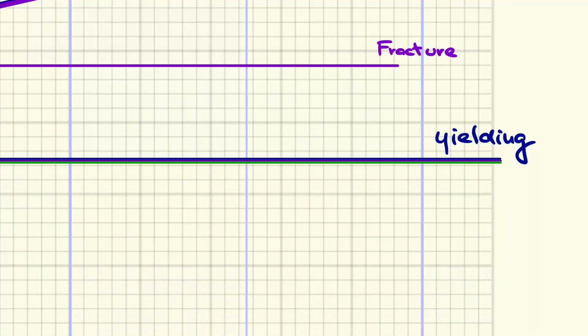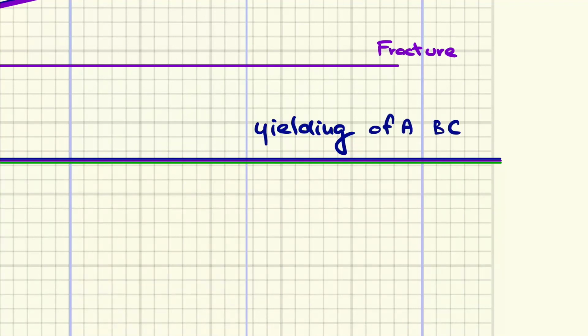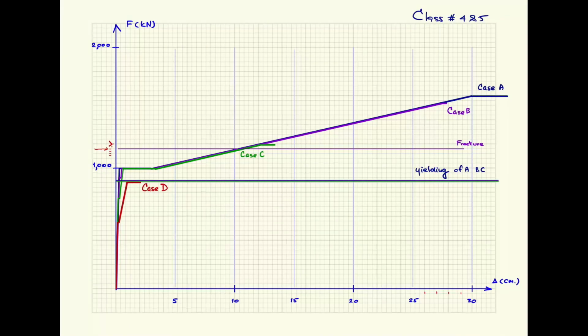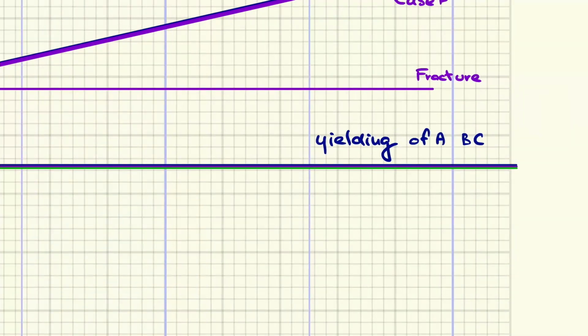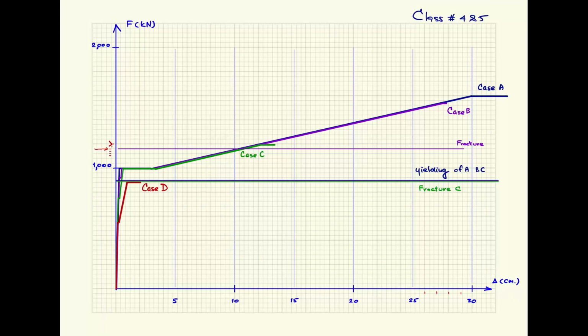So I say that yielding of A, B, C, and fracture of case C. Basically, case C is the most cost-worthy in that view, because the phenomena are going to occur at the same time.